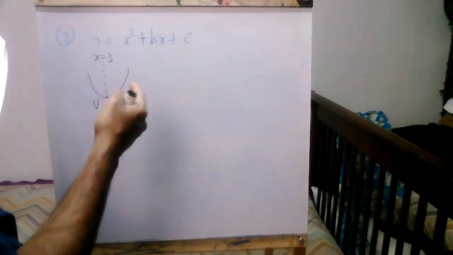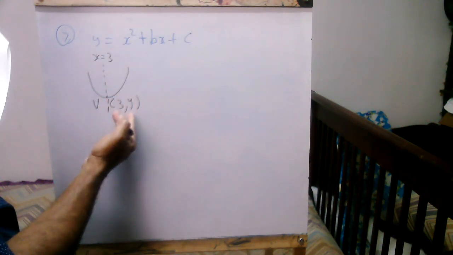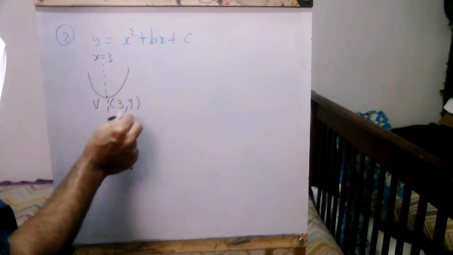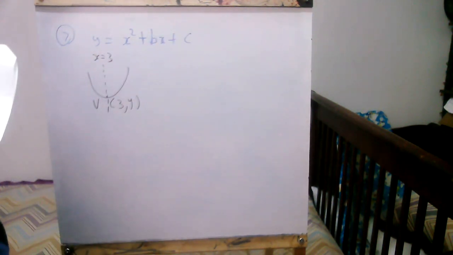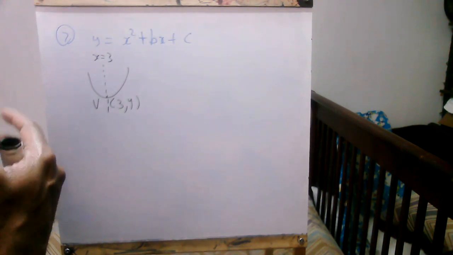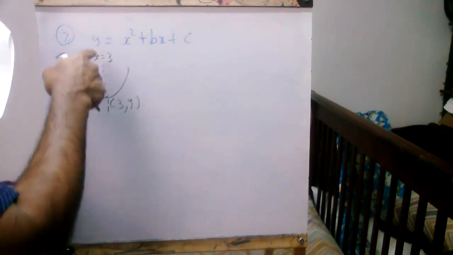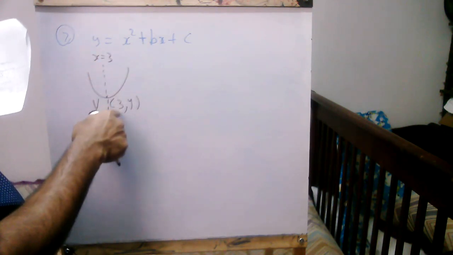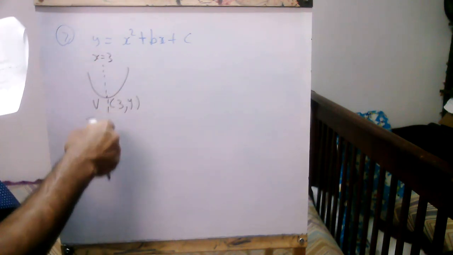Now, since this is on the parabola, we can get one equation by substituting this in the given equation. We can get another equation by the equation for the x coordinate of the vertex.